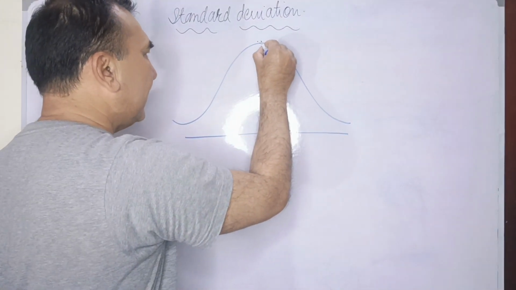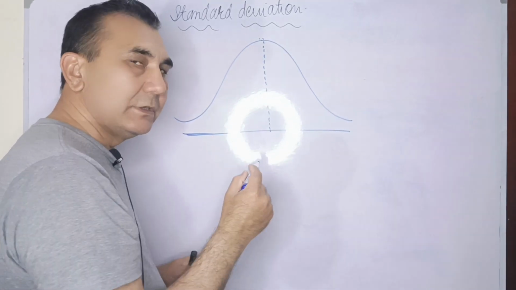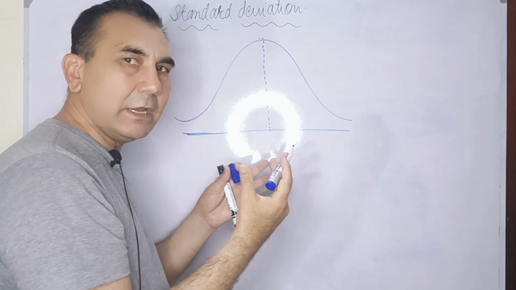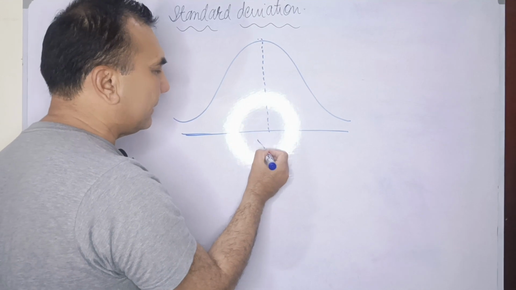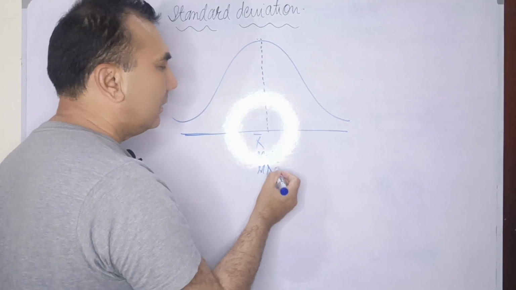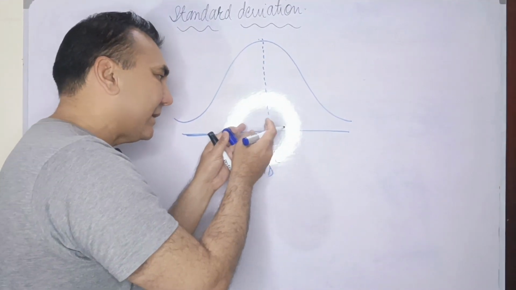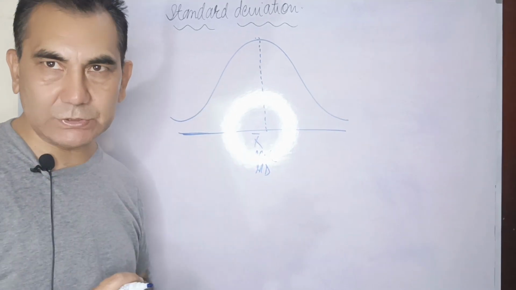At the center of the bell shape, the central tendency of that data set, the mean, mode, and median, will always come up in the center where the data is normally distributed.